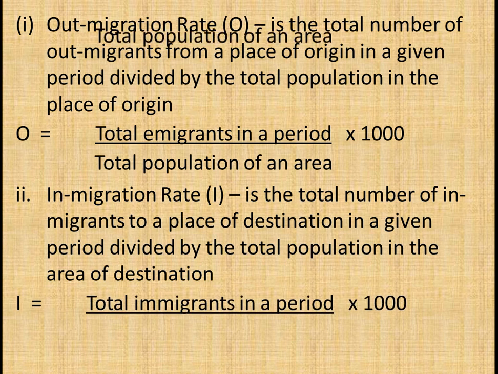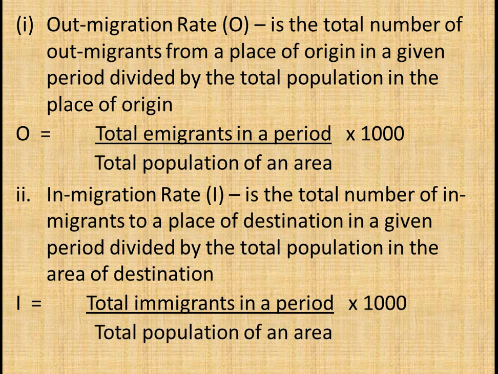As a formula, in-migration rate is total immigrants in a period divided by total population of an area times 1000.